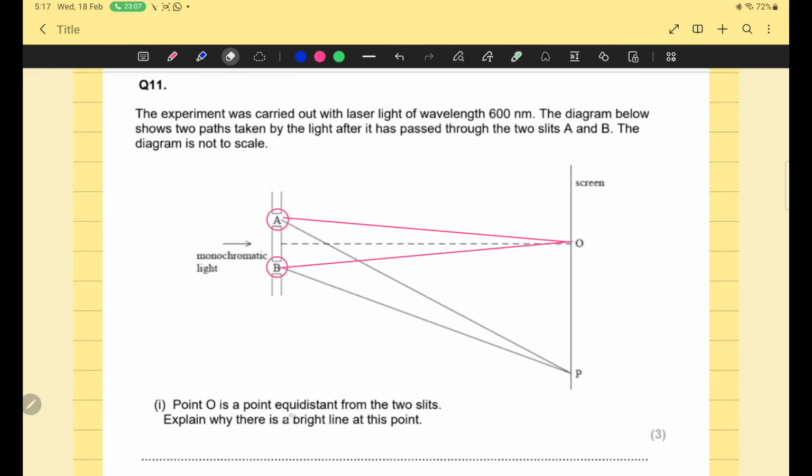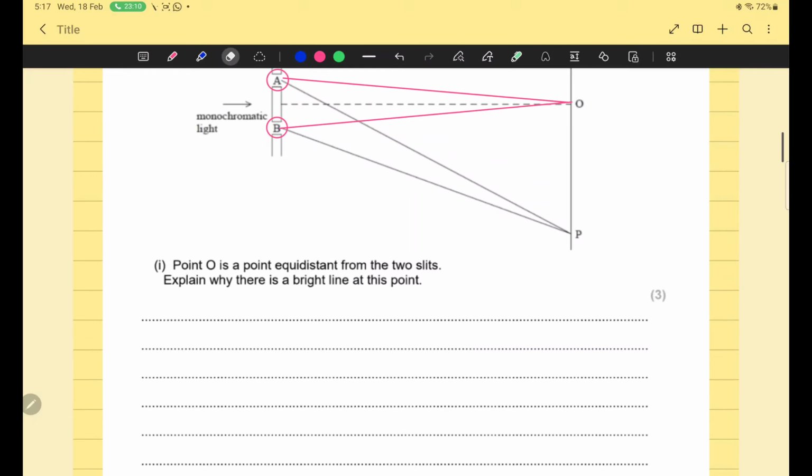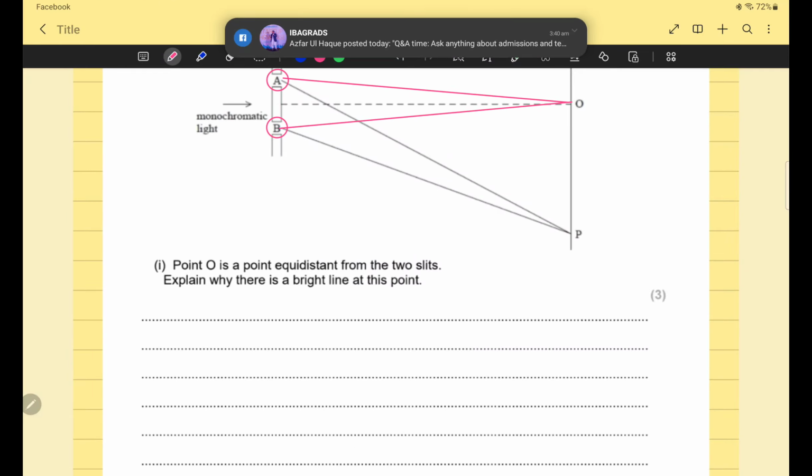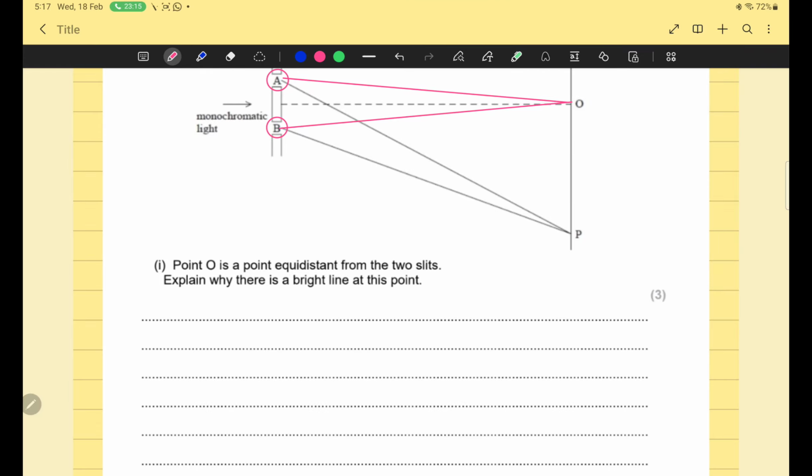Sir, if the distances are equal, then there is no path difference. Equidistant means zero path difference. No path difference.